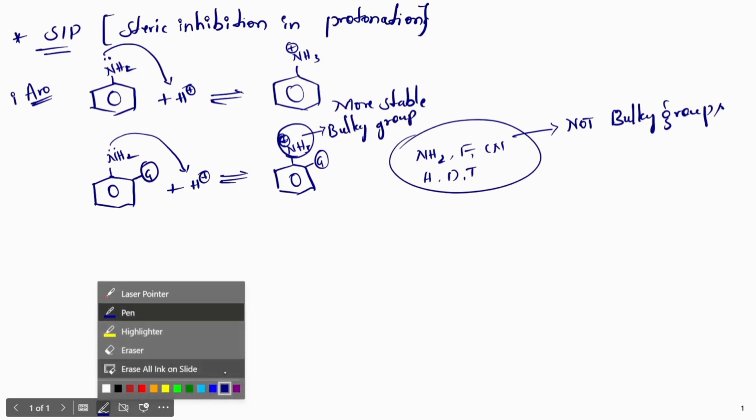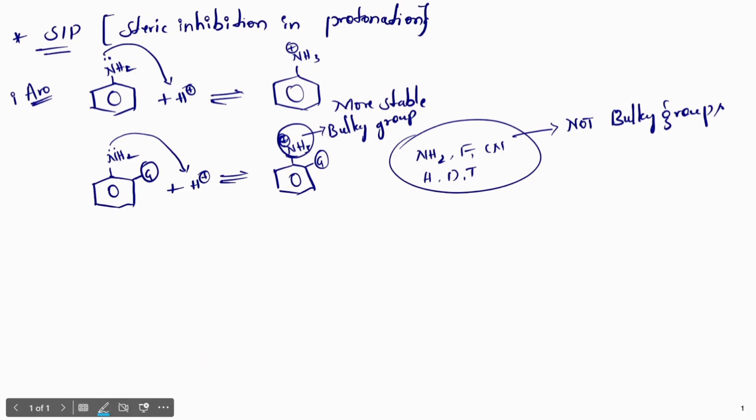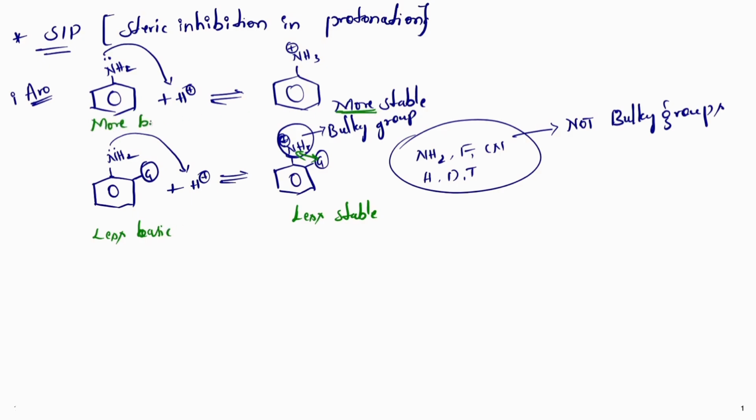When the bulky group is attached here, because of the bulkiness there is a repulsion between these two groups. Therefore, this is less stable and less basic. Here, this is more stable and more basic. This is according to steric inhibition in protonation.